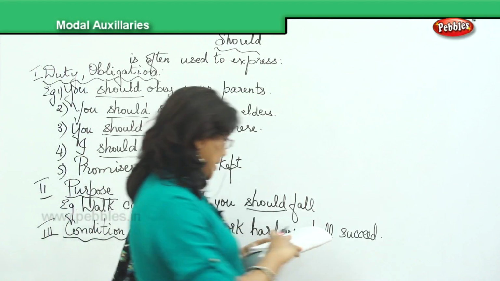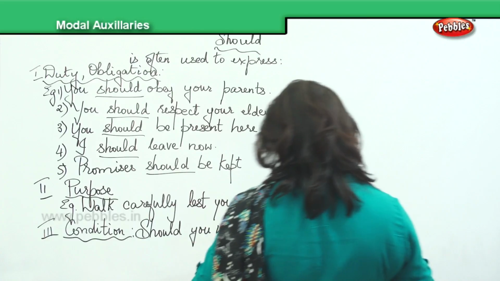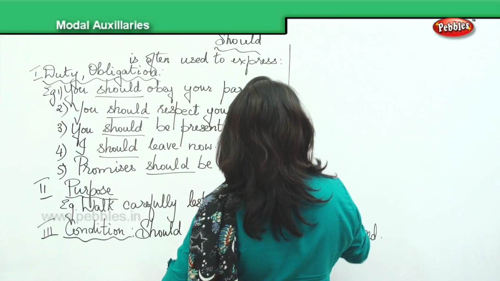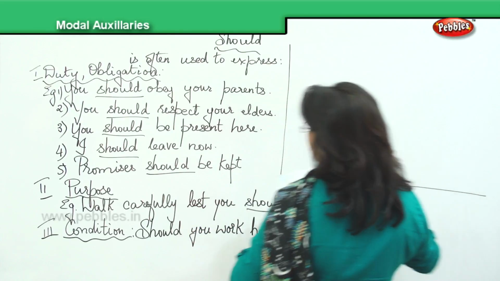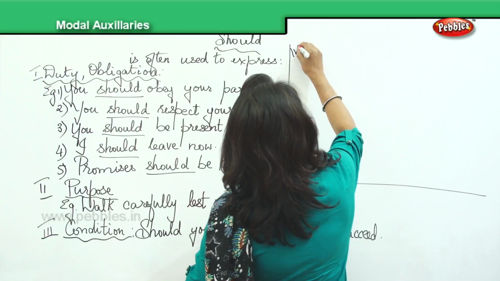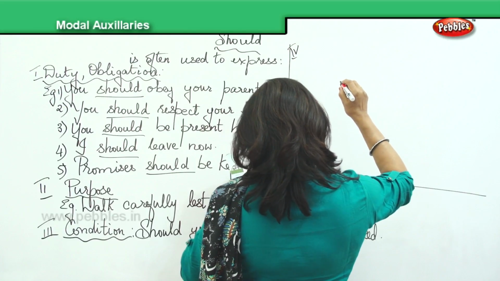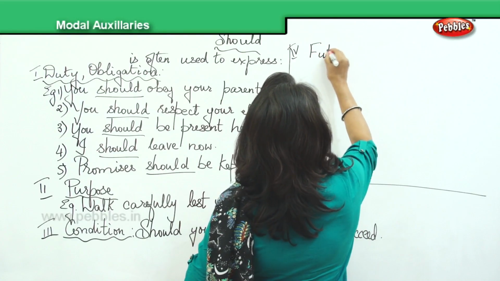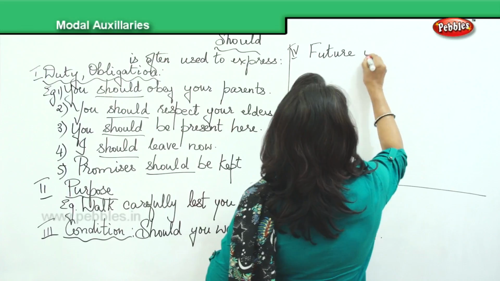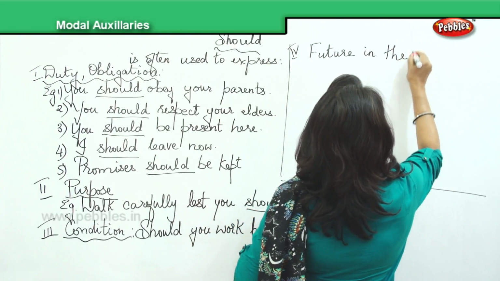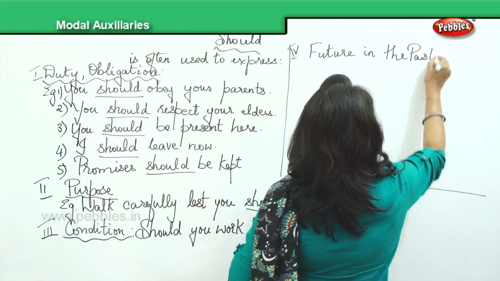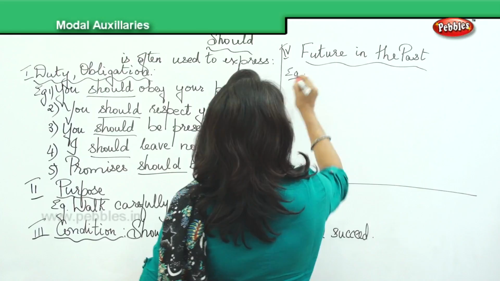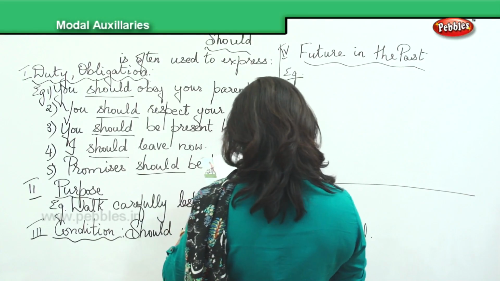Should plus have. So we've seen condition, future in the past. Future in the past. You may wonder how both the tenses are together. It's not two tenses together, but it's talking about the future.